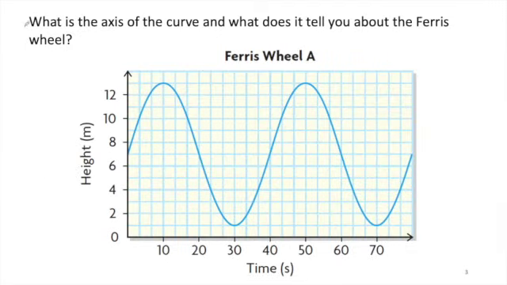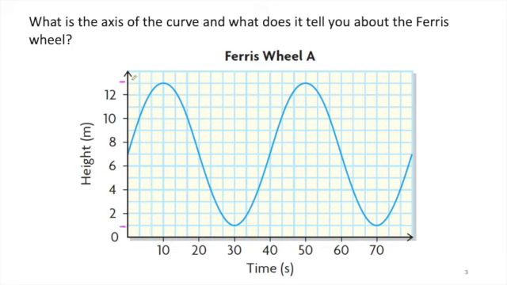Okay, next question about this. What is the axis of the curve, and what does it tell you about the Ferris wheel? So what is the equation of the axis here? You're just going to find that middle point on your graph. You can use the equation if you want, or you can just see. Our highest is 13, our lowest is 1.